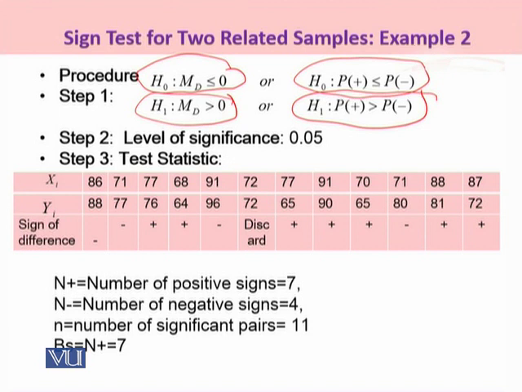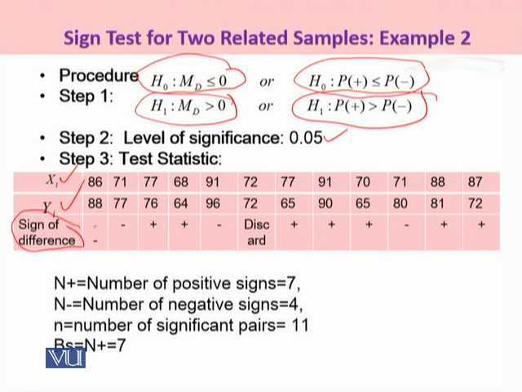Students, according to the procedure, the next step is to set alpha. It is assumed to be 5%. As far as the test statistic is concerned, you are given xi and yi. The first thing you need to do is take the difference. After taking the differences, the signs are to be considered.